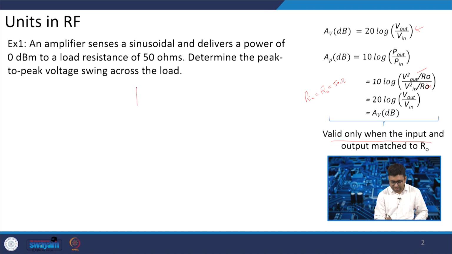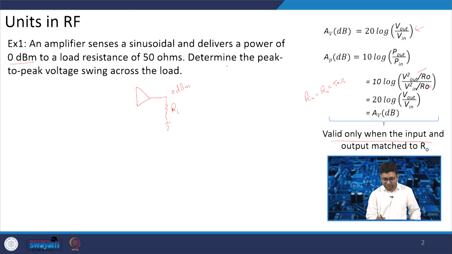Let us say this is an amplifier and there is a load resistance RL. It delivers 0 dBm to the load resistance. This is the 0 dBm output power.